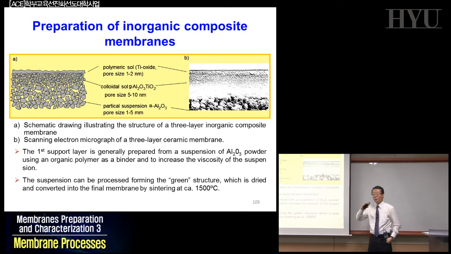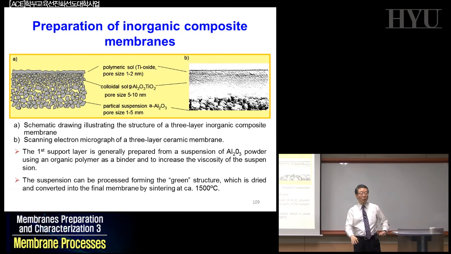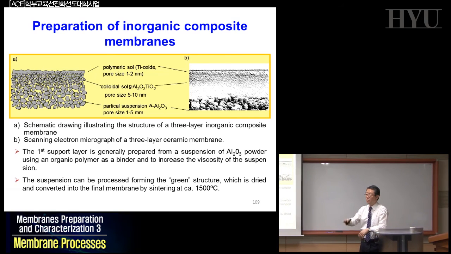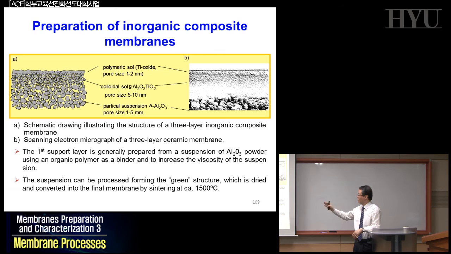Okay? Polymers use maybe lower than 400 degrees C, 300 degrees C, whereas inorganic materials are treated at high temperature, generally above 1,000 degrees C.